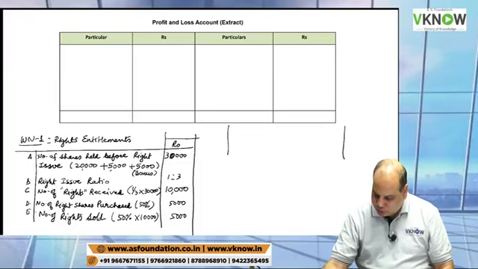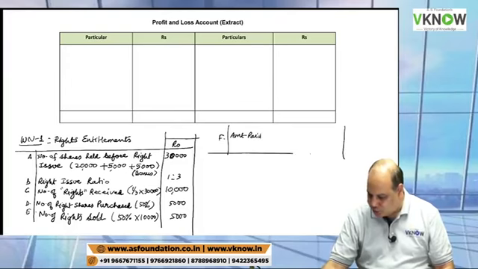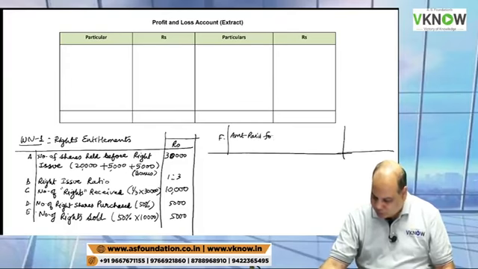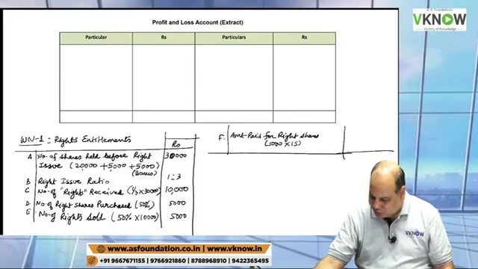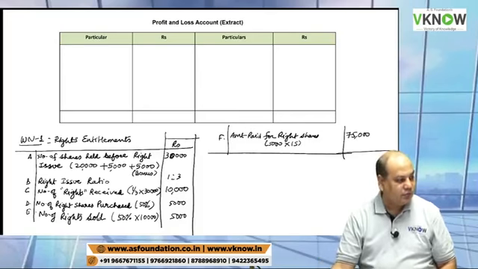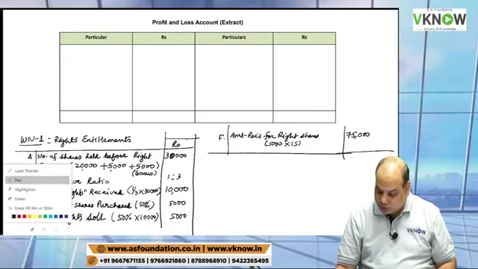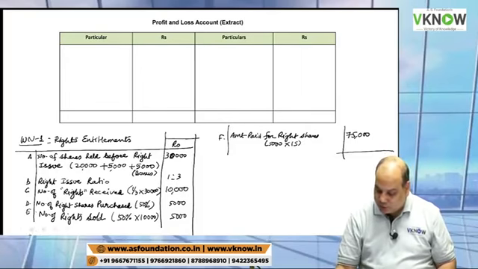Two more lines. Point F: amount paid for right shares. You have purchased 5,000 shares at 15 rupees, so 5,000 into 15 is 75,000. And you have sold rights also.